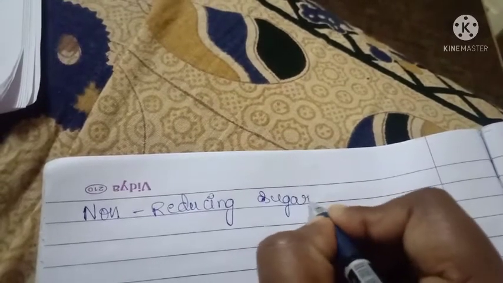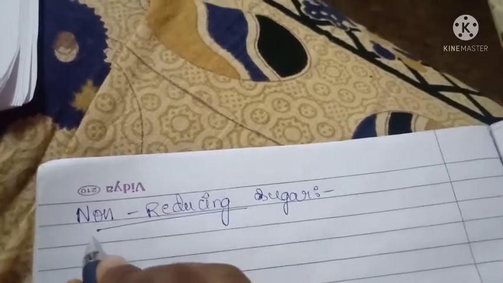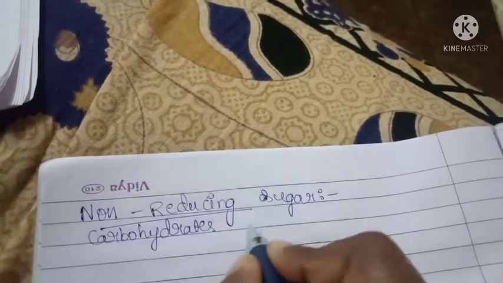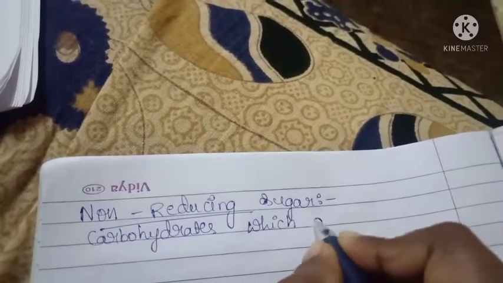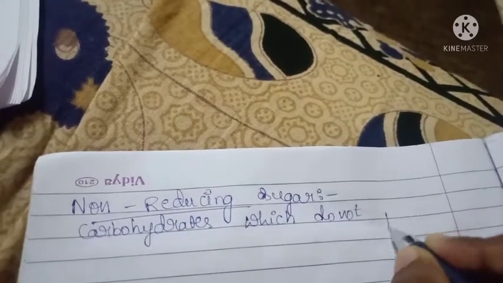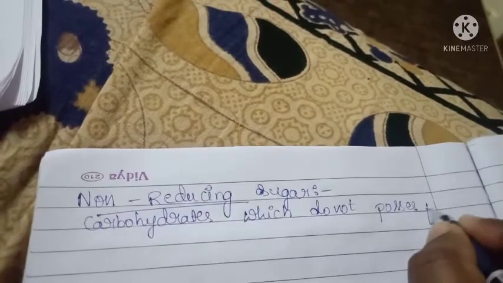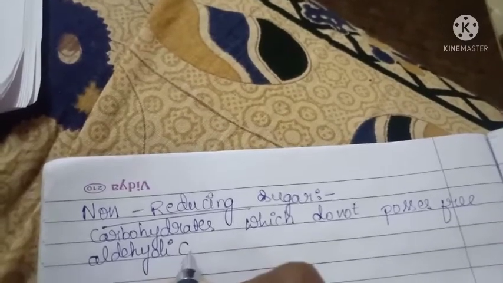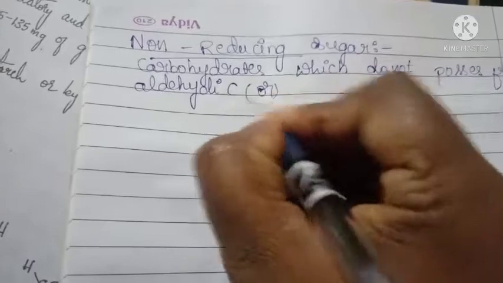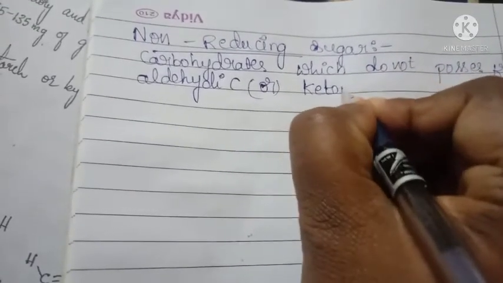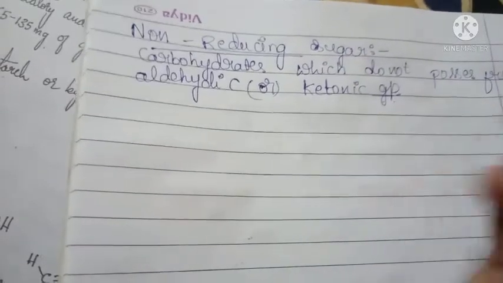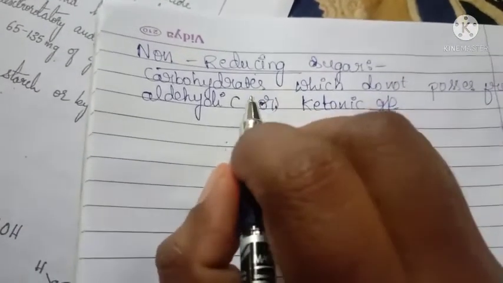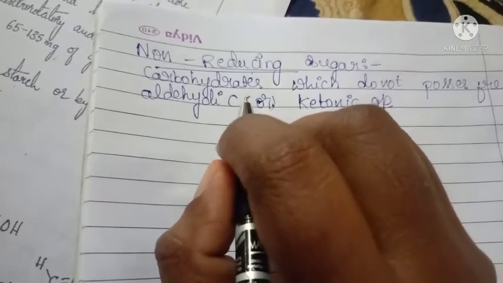But here, the carbohydrates which do not possess a free aldehydic or ketonic functional group do not reduce Fehling's and Tollens' reagent, and are called non-reducing sugars.